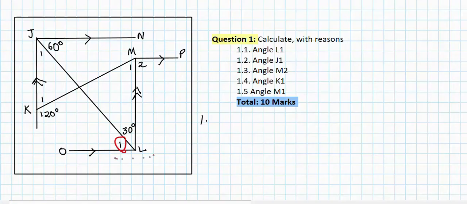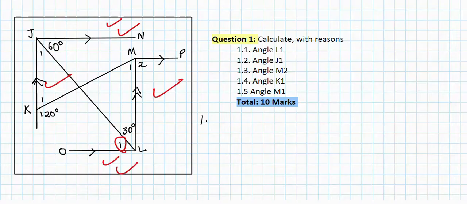We do realize that L1 is situated in a place whereby we can see a Z formation. Firstly, I see that this line is parallel to this one. So ML is parallel to JK. I also see that JN is parallel to OL, right? And those parallel lines are also parallel to MP there, okay?